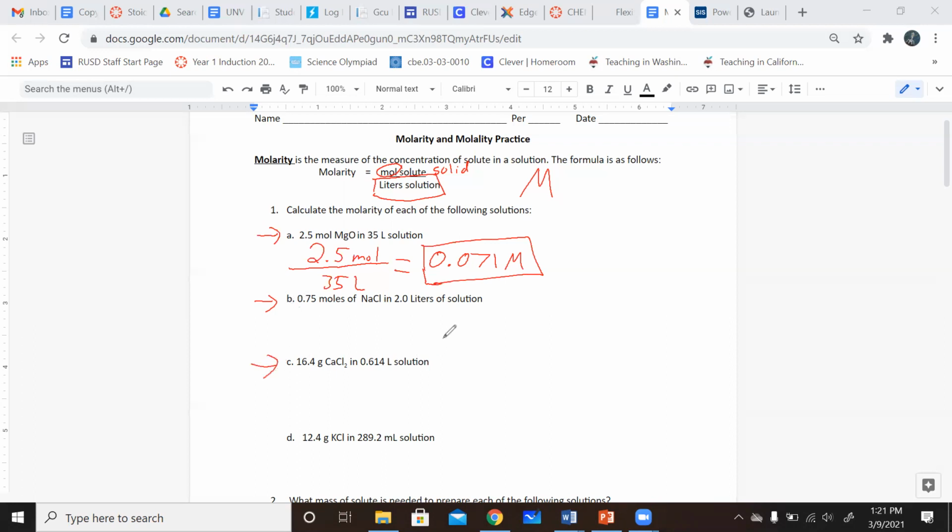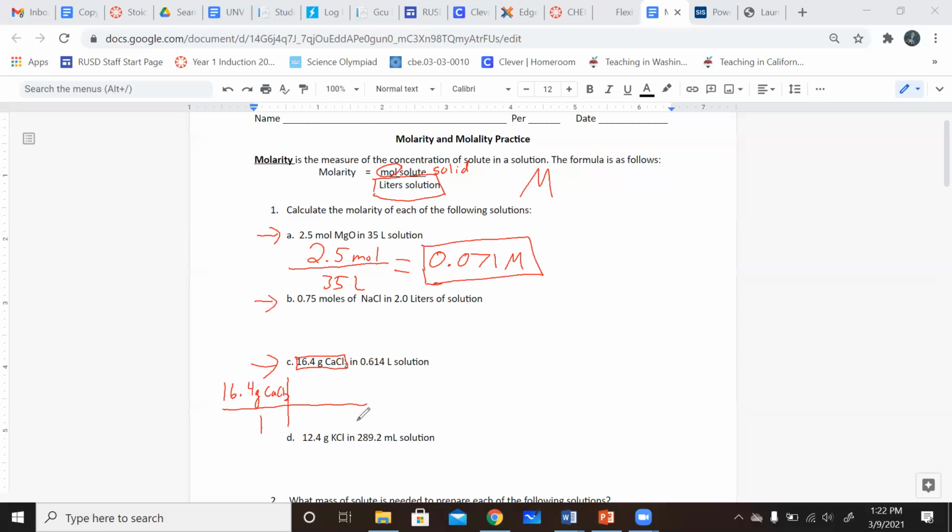Letter C requires an extra conversion step because letter C gives you the amount of solute, the solid thing, in grams instead of moles. So before you do that simple division, you have to convert your grams to moles. So we start with a T-chart, just like we've always done with conversions. We have 16.4 grams of CaCl2 over 1.